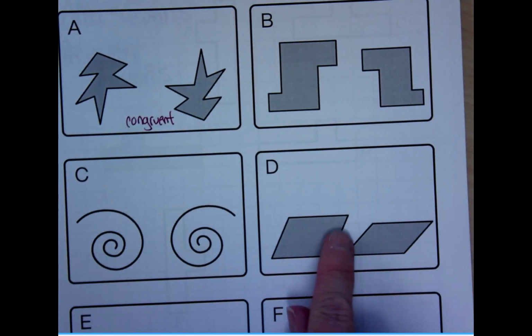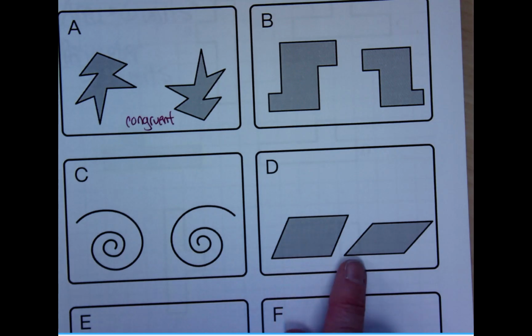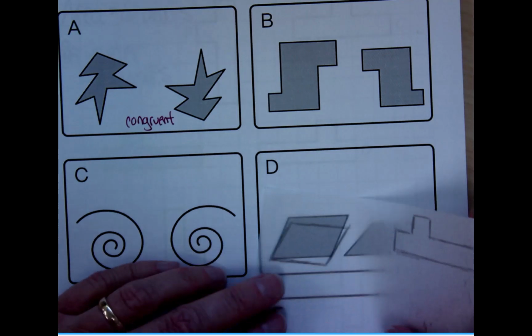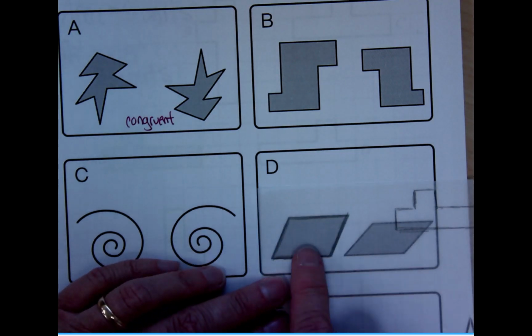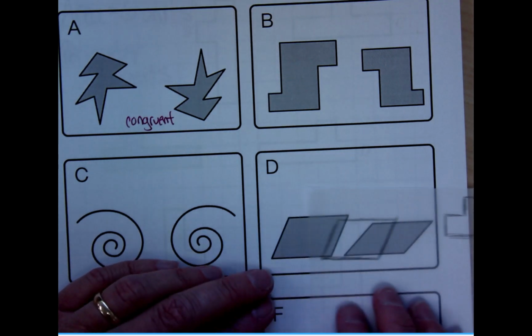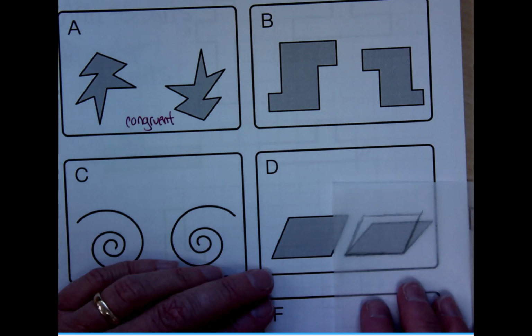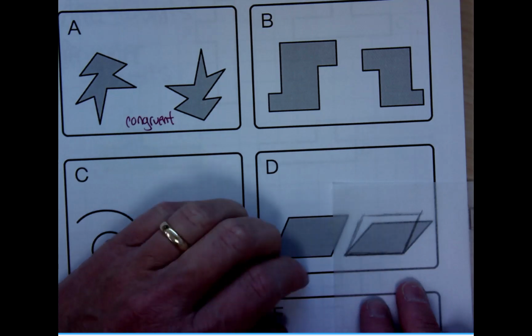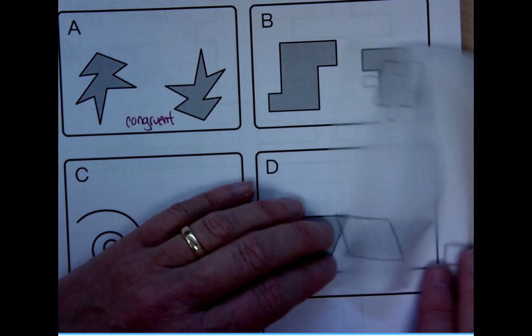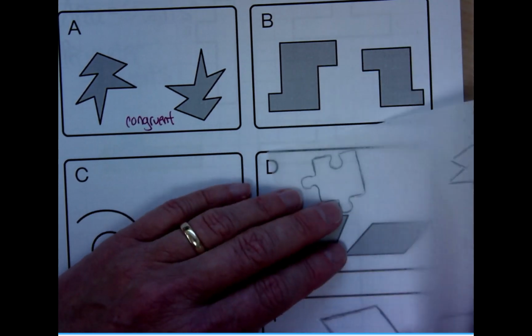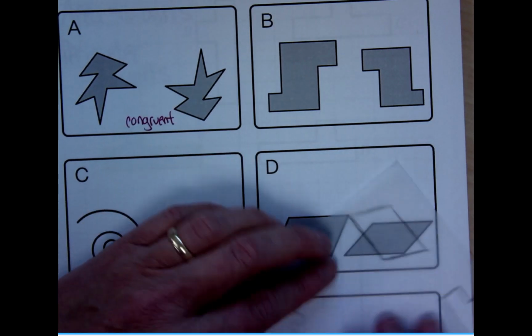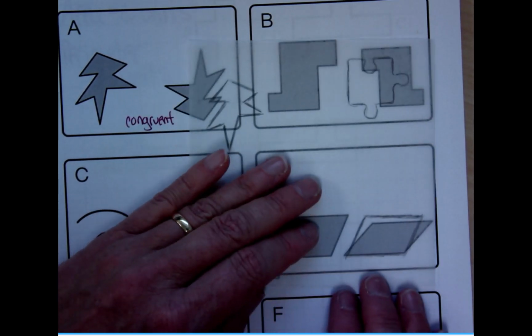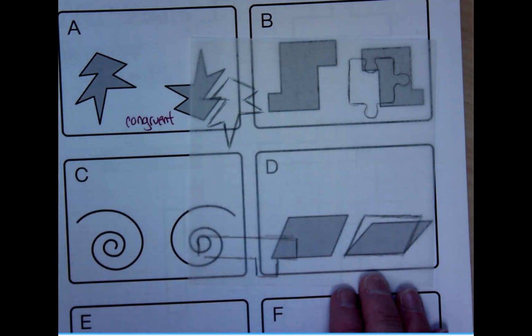And I'm just going to contrast that with these two figures. Now you can probably just look and see that this one's a little squashed down compared to this one. But if you're not sure, you can trace it onto patty paper and see if there's any way to turn it or flip it or rotate it so that it'll fit onto the other one. And I can't with this one, even if I flip it over. I can't find any way to make those figures fit perfectly on top of each other.